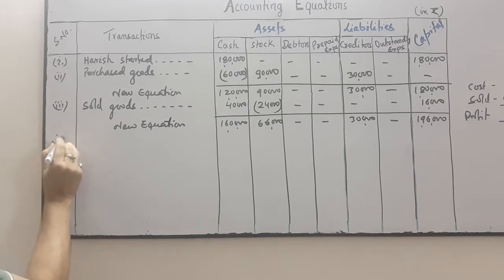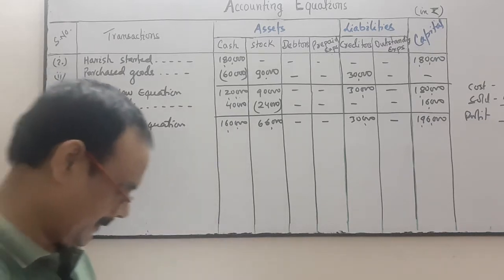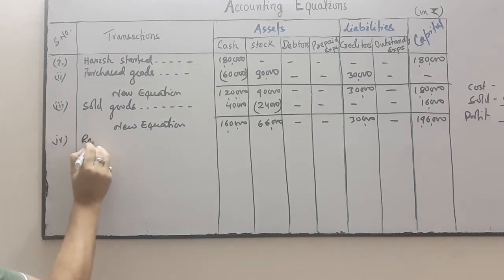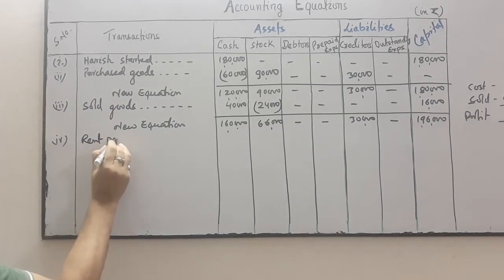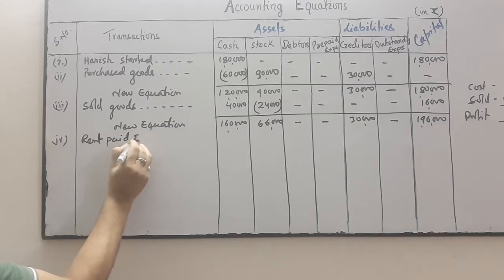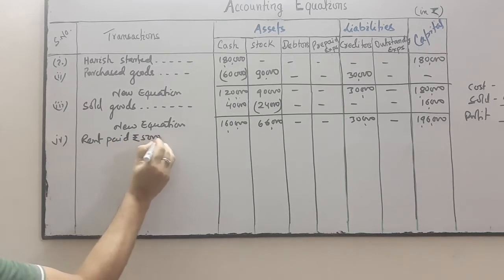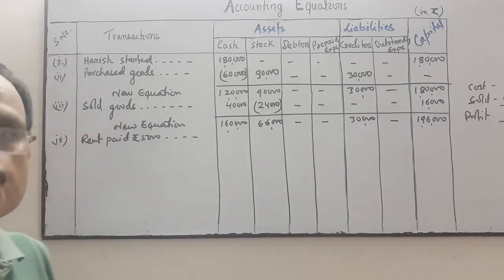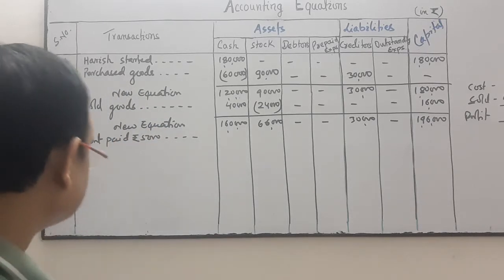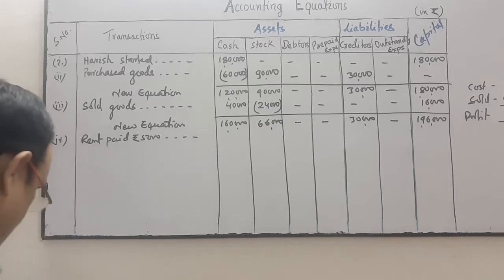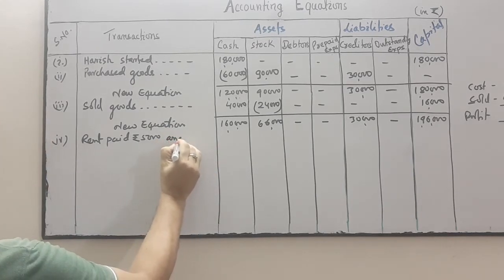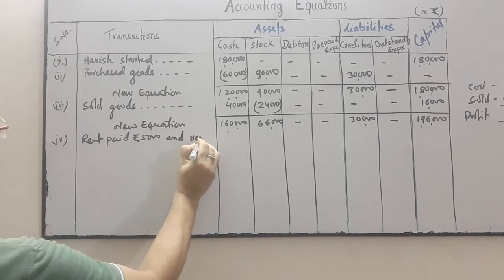Now come to the fourth transaction. Rent paid rupees 5,000 and thereafter rent outstanding rupees 2,000. I'm going to write the full sentence.